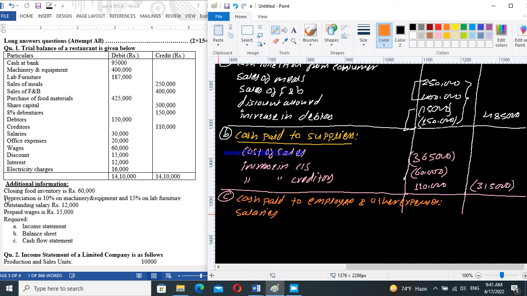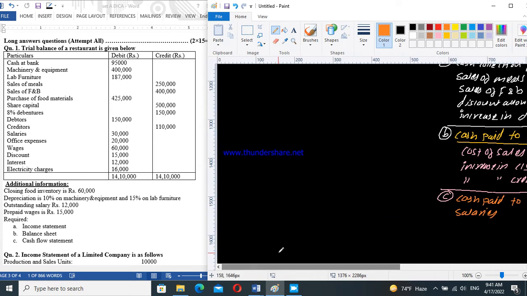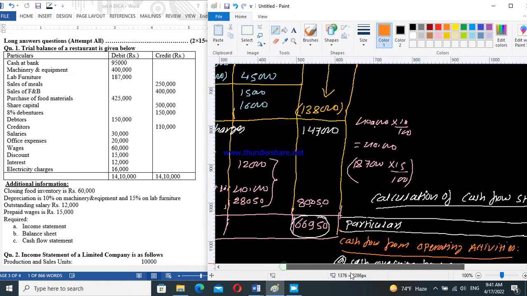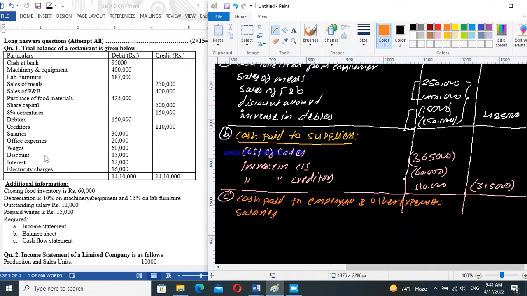You can ignore this given information, since it is already calculated in our income statement format. Depreciation is a non-cash item, and outstanding salary and prepaid wages, the adjusted value is similar to the unadjusted value. Therefore, you can ignore outstanding salary, prepaid wages, and depreciation.